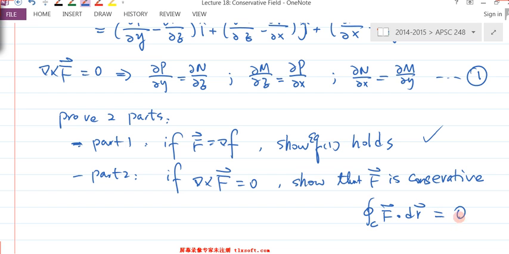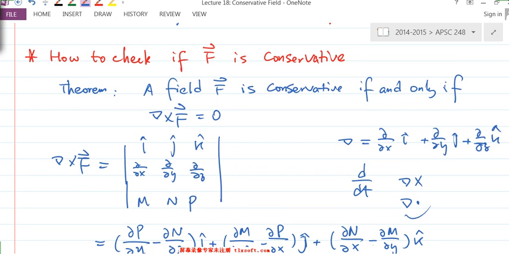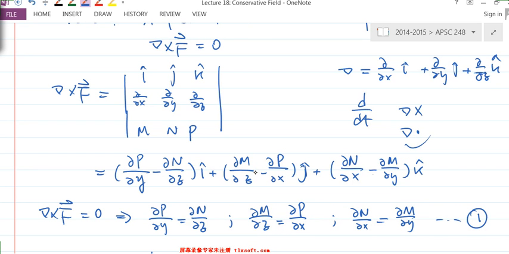If you're interested, if you're keen, that's how you should prove this theorem. But in terms of the application, it's pretty simple. The first question that will be asked is: here's a vector field f, please show that this vector field f is conservative. How do I do that? I will just do the cross product of this guy here and get this.